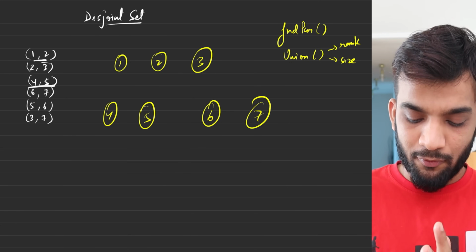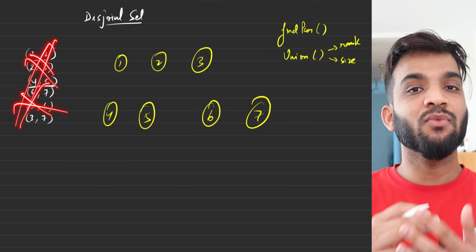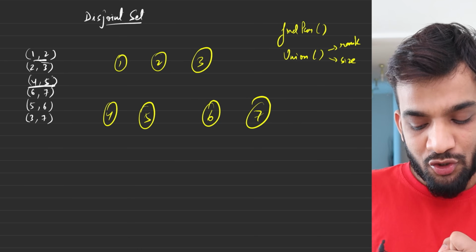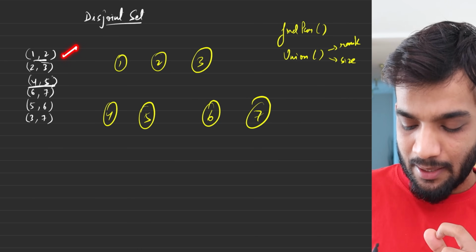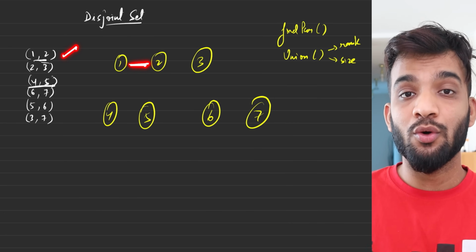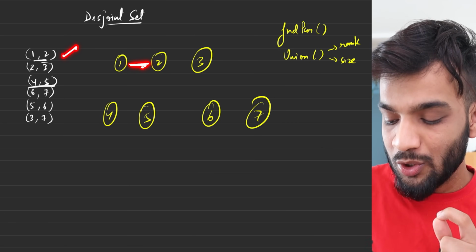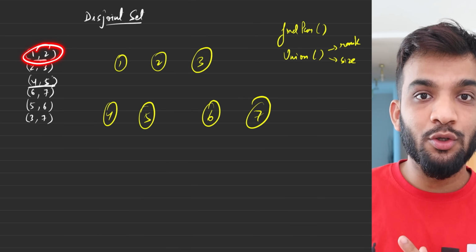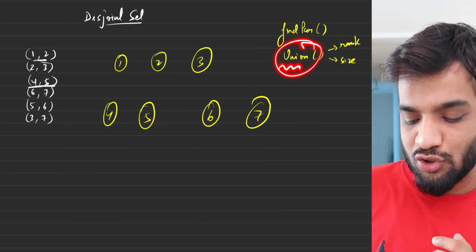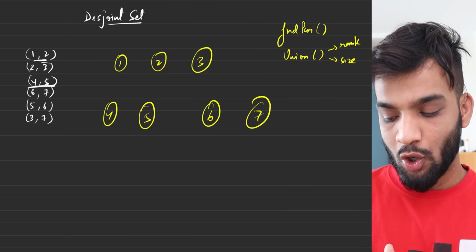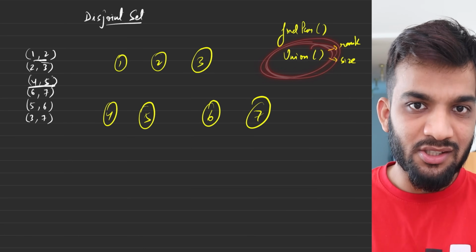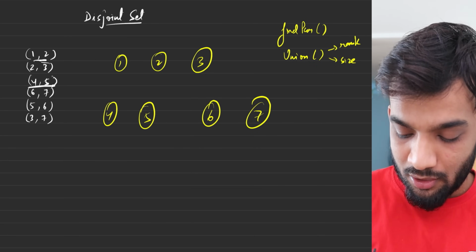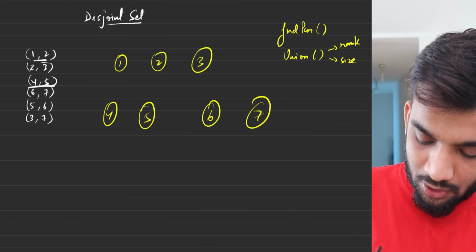So initially, before all these edges formation, every node is single, right? So you have 1, 2. What it means is I'm asking you to connect 1, 2. So that is what union does for you. Remember this. Whenever I say connect 1, 2, union in disjoint set will do it for you. We'll talk about union in details, but as of now, know the higher level of union. Union will go and connect this.